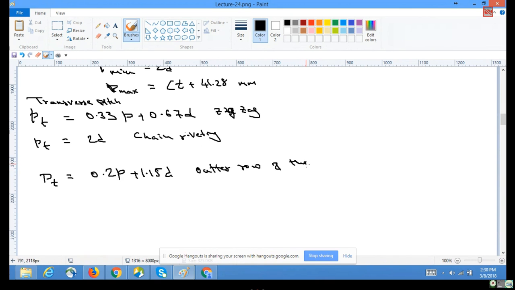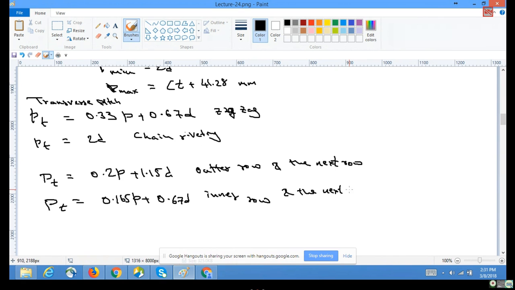whereas PT is 0.165P plus 0.67D for the inner row and the next row.